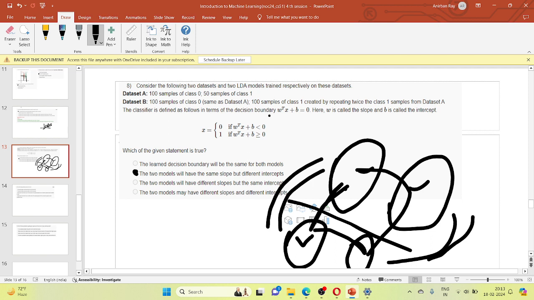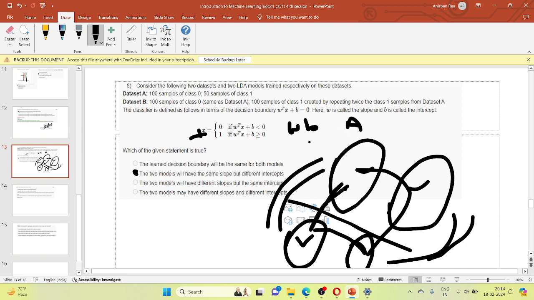So the decision boundary is given. W is the slope, b is the intercept here, and this should not be x actually, it was a wrong question. It defines the class, so it has to be y. But you must understand that for the first case it is w, b.